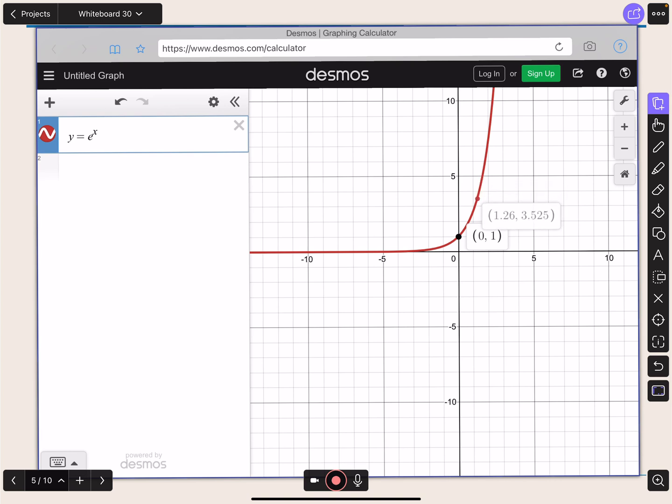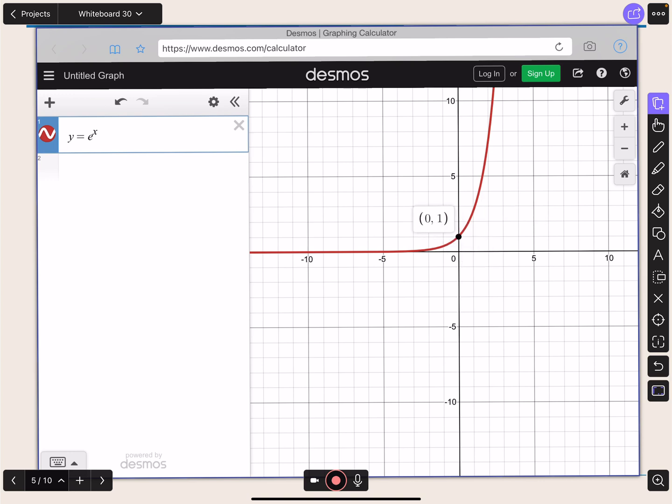Now, what you're going to find in these things is that it's very tough to get any solid points. So what you want to do is look at your x values, and when it gets to a nice whole x value, like right there at 1, just get as close as you can. So 1 and 2.7.